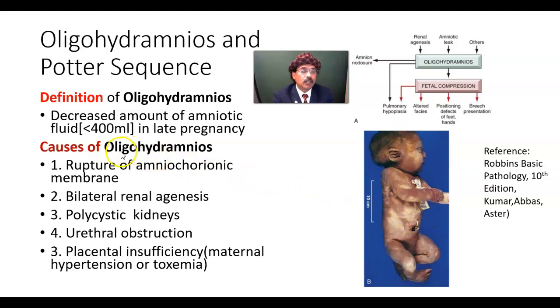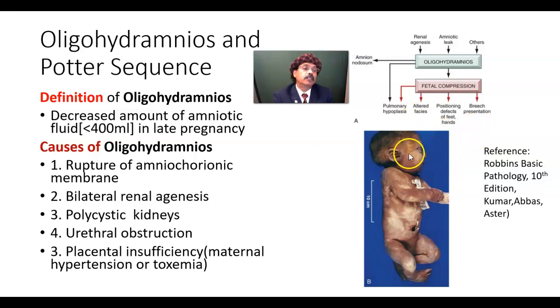So less amniotic fluid will hamper everything, and the amniotic membrane will compress on the baby. So we'll get the sequences due to that problem.